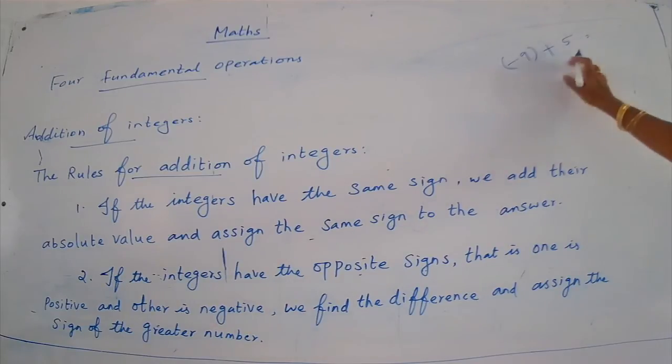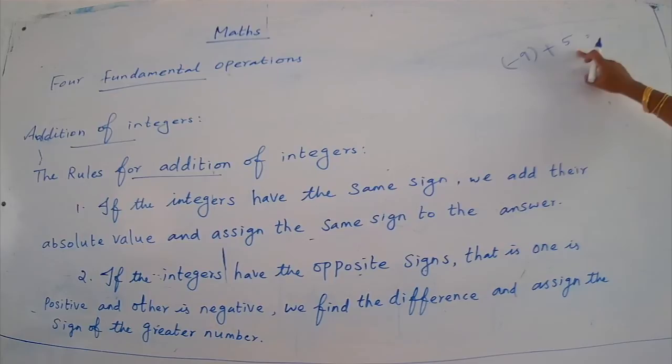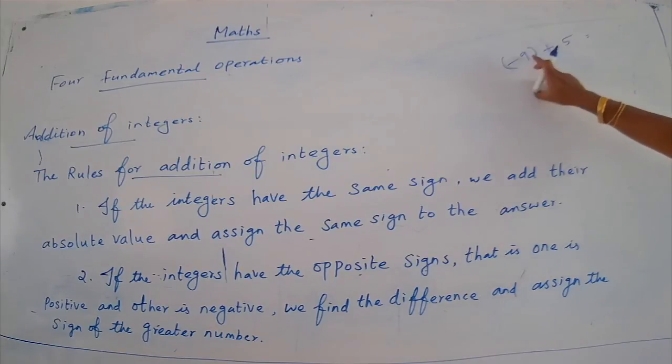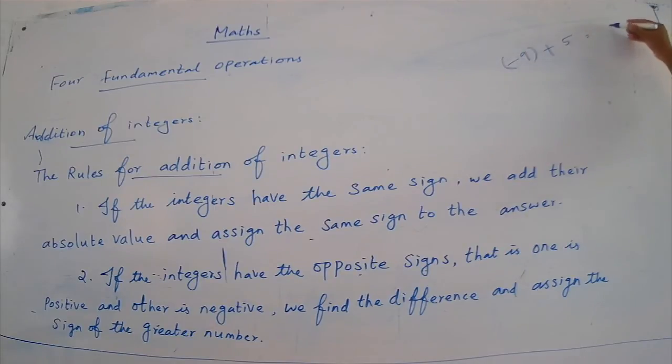One is negative, one is positive, so first you find the difference. Difference means subtraction, so subtract the smaller number from the bigger number. 9 minus 5 is equal to 4.